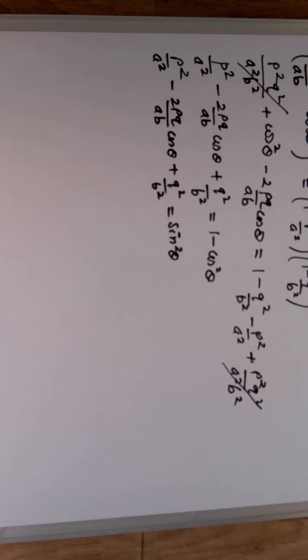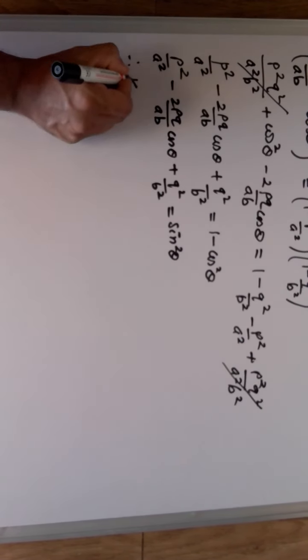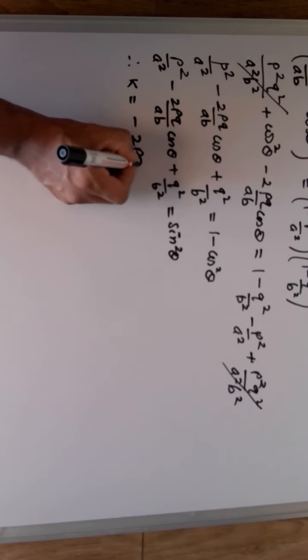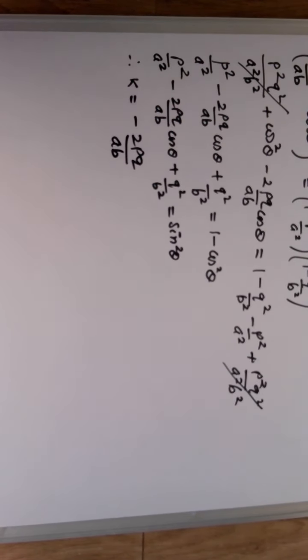It was like this: p square by a square, which I got, then plus k cos theta, plus q square by b square is equal to sin square theta. So cos theta is over there. So in place of k I will get minus 2pq by ab. So obviously I think so I have got what I want. So value of k over here will be obviously, therefore your k is equal to minus 2pq by ab.